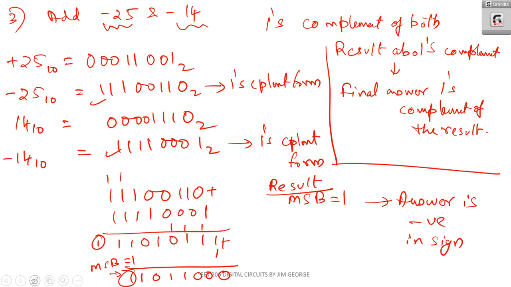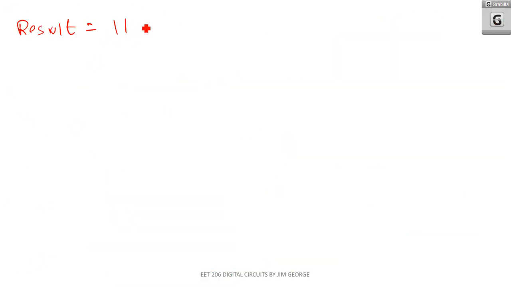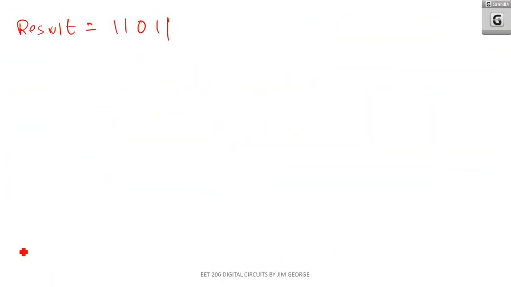Therefore, to get the final answer, we have to get the ones complement of the result. So I can take this as the result. The result we can write as 11011100.